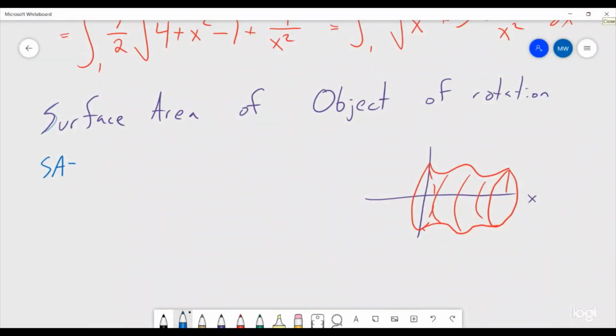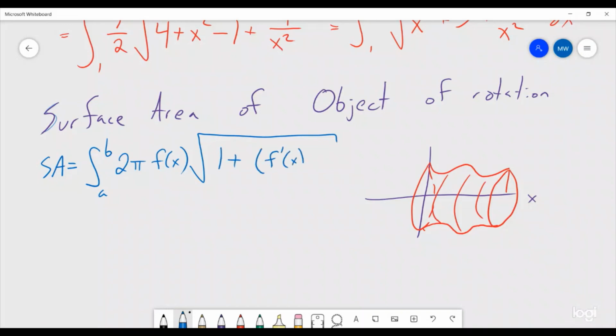The surface area is related to arc length in that surface area is the integral from a to b of 2 pi times f of x times what was inside the arc length piece, the square root of 1 plus f prime of x squared dx. If we break this up into the different pieces, we have the 2 pi radius times the length. If we are looking at a very thin slice, we have 2 pi r, which is like part of our circumference.